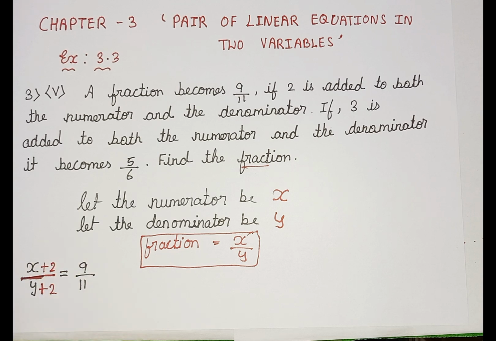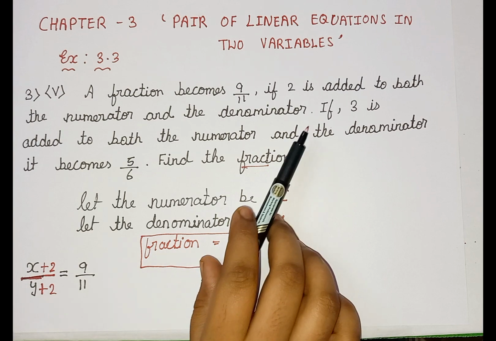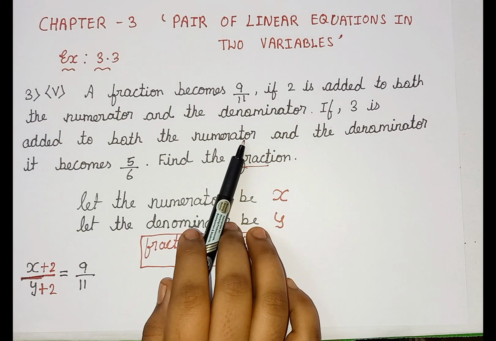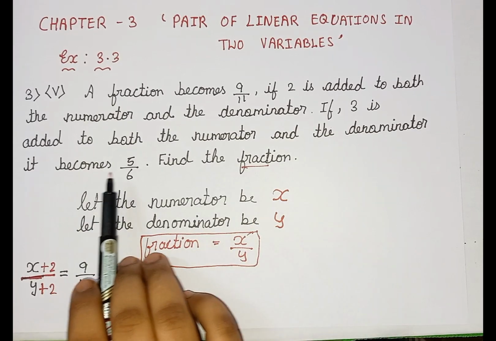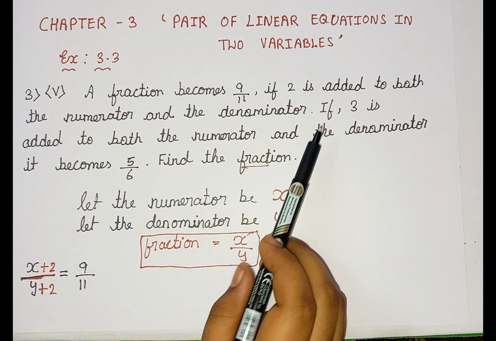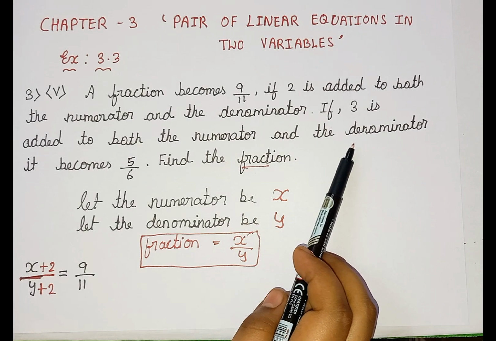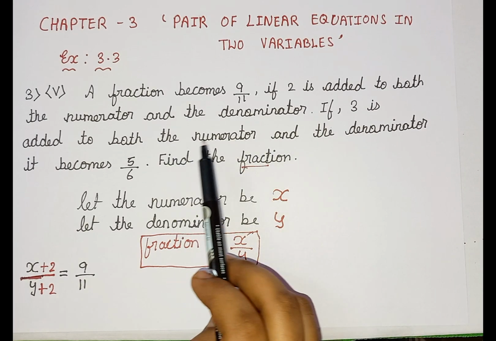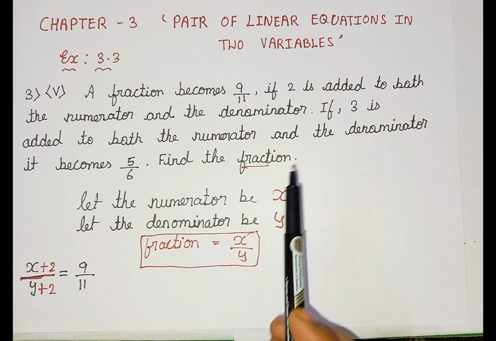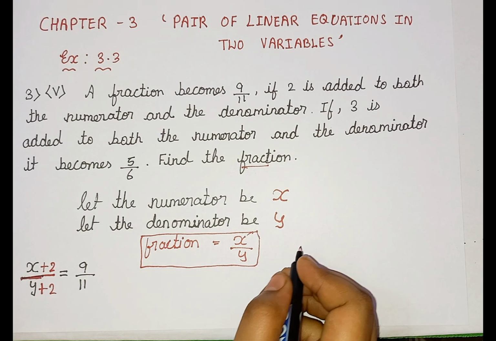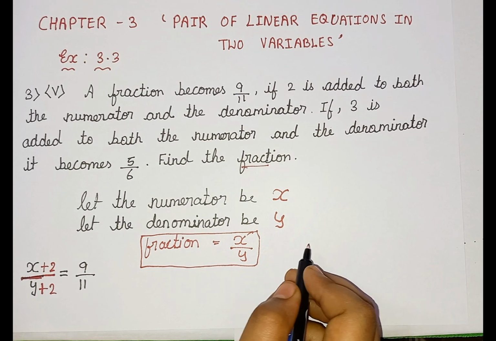Now we are going to read the rest of the question. If 3 is added to both the numerator and the denominator, it becomes 5 by 6. Where will we add 3? We are going to add it in the fraction, because they are talking about the fraction.